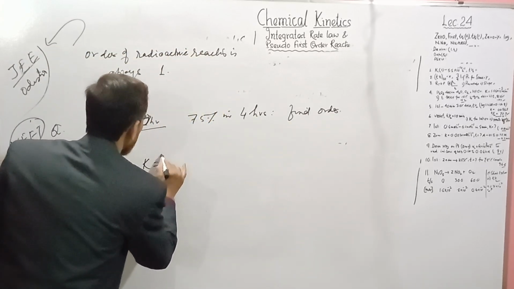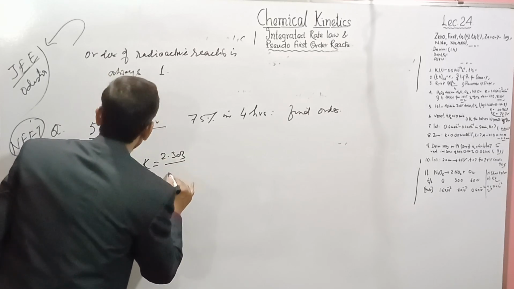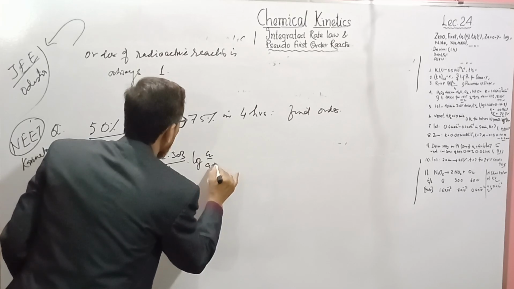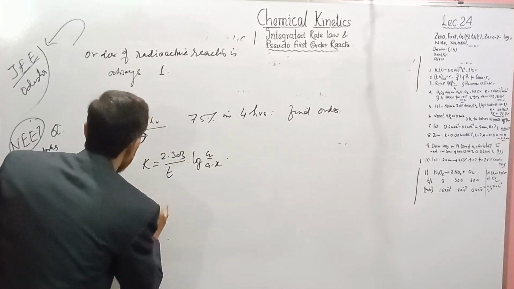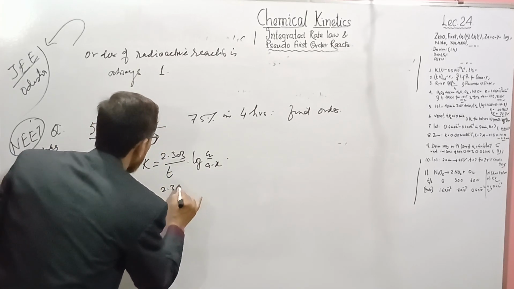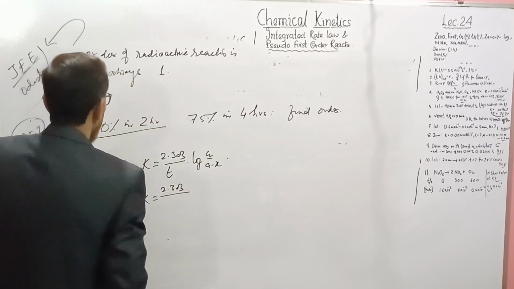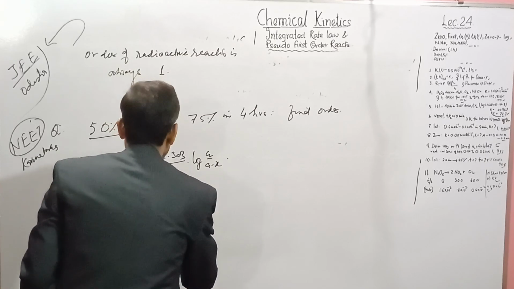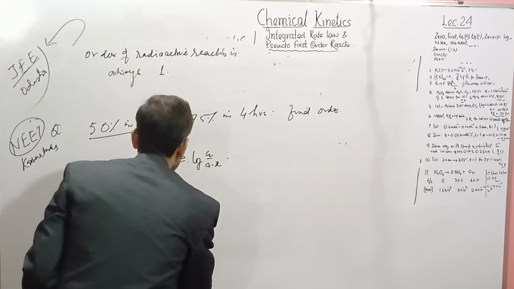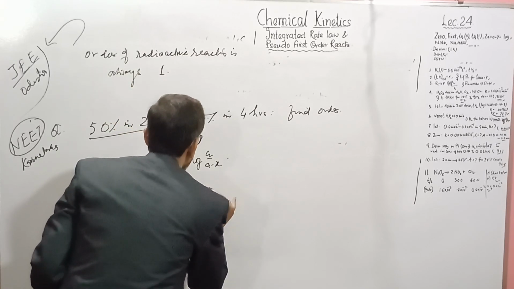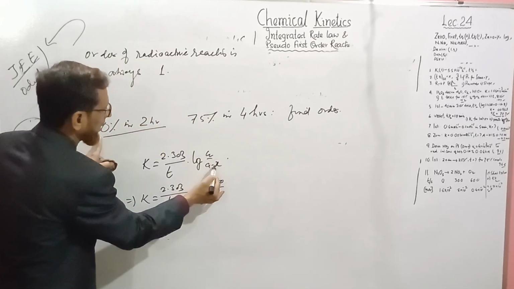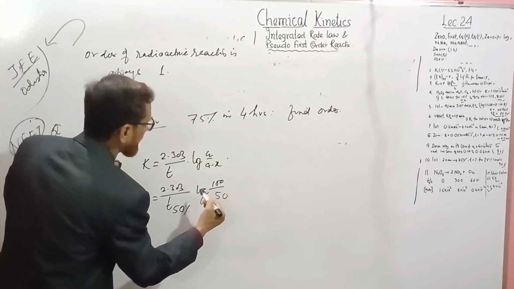Again you see k is equal to 2.303 divided by t log a by a minus x. So for 50%, k is equal to 2.303 divided by t of 50%, log 100 by... If it is 50%, so a is 100, a minus x is equal to 50.